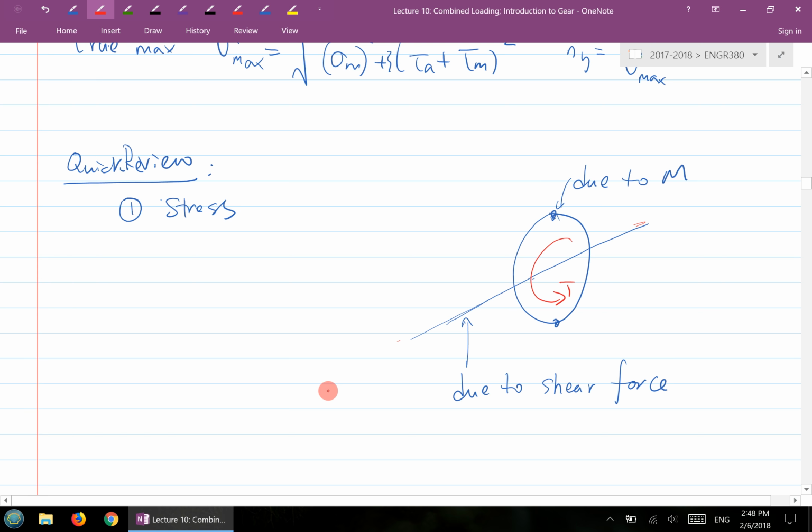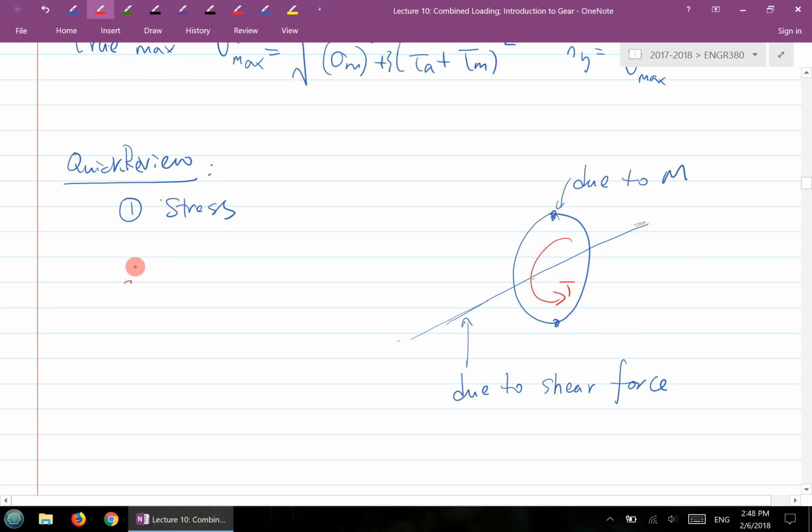So when you analyze a shaft, you don't need to always look at this location and this location. You can simply look at this location. Is that clear? So that's the stress part.